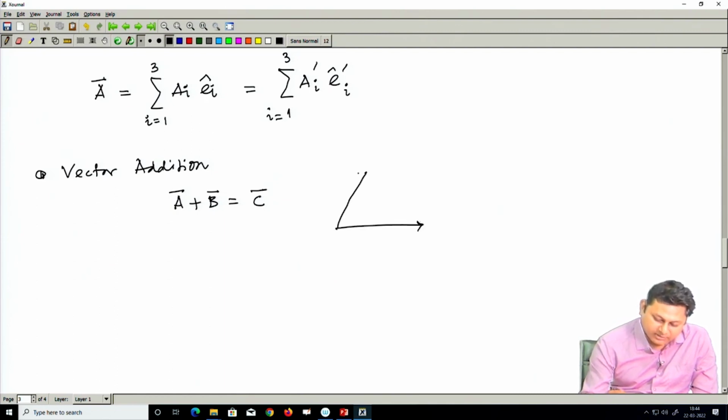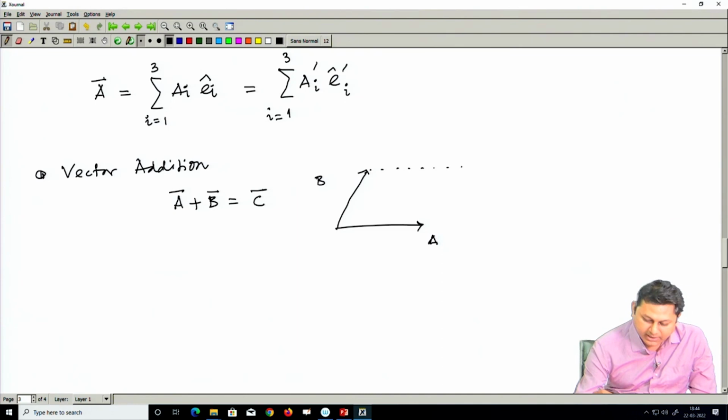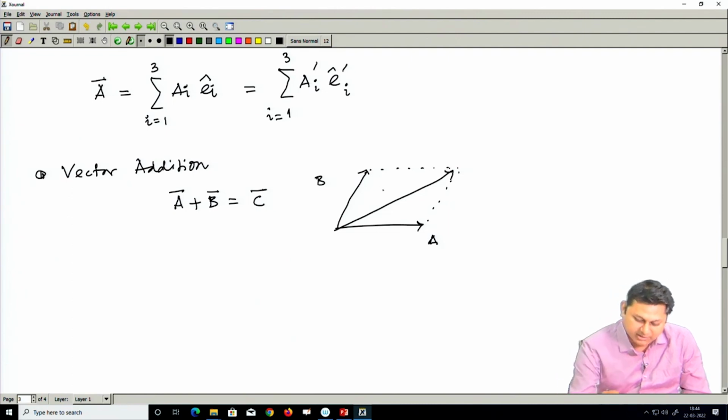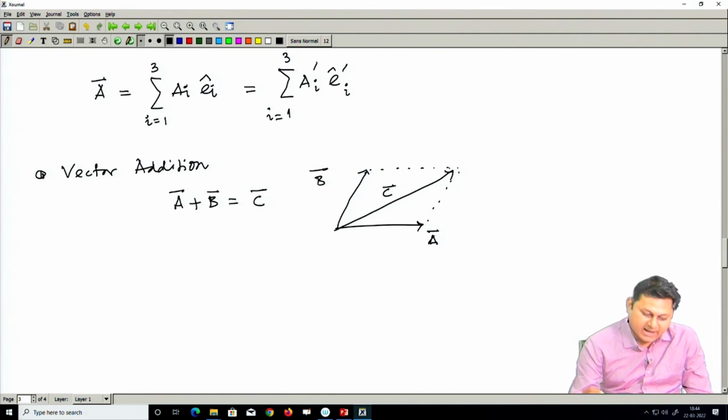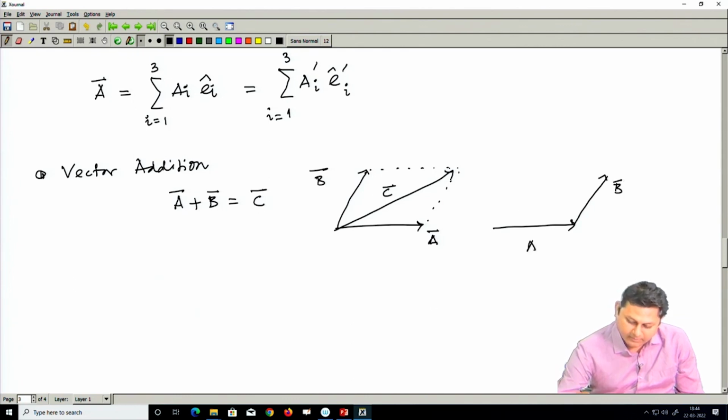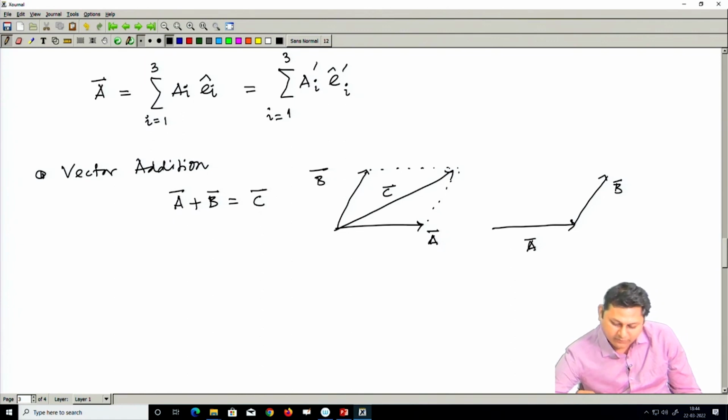If this is my A vector and this is my B vector, I can have this rule, a well known rule that I am not going to explain here. So, this should be my resultant vector C. Or I can have the A vector here, the triangle rule, and this is my B vector, and if I join from here to here, I will have my C vector.